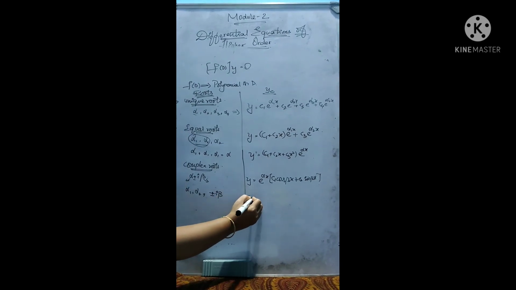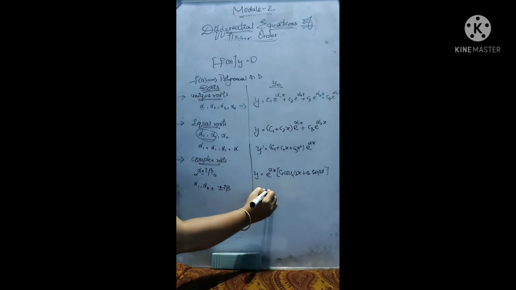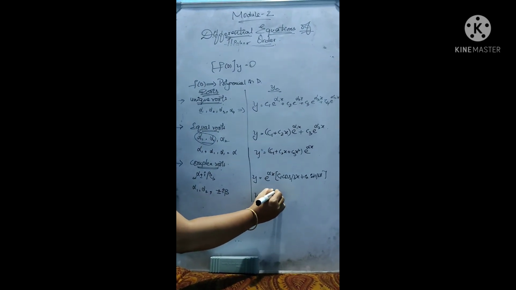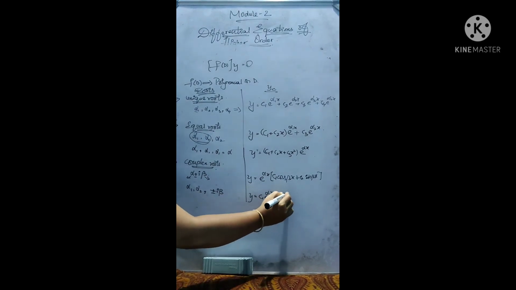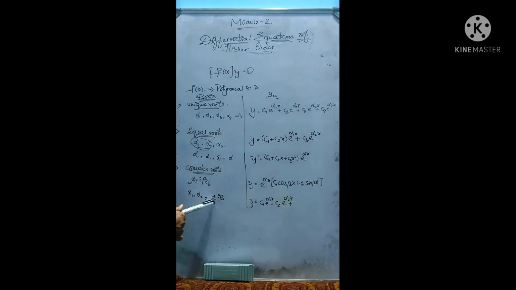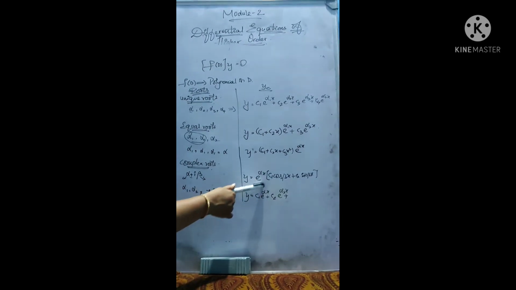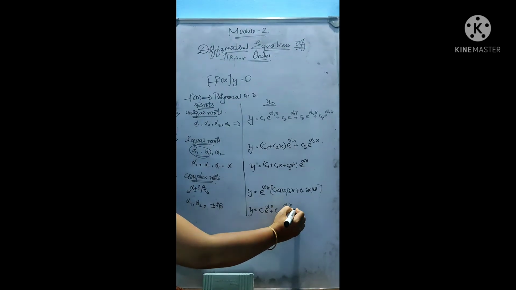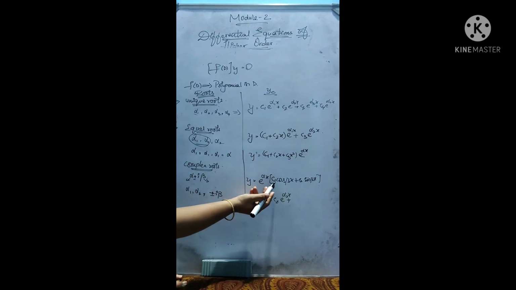So y is equal to, first this one we will apply this method, that is c1 e raised to alpha 1x, plus again we have second one unique, c2 e raised to alpha 2x, plus now coming to this is a complex root, but we don't have the real part, so you can ignore e power 0x. It will be next c1 c2, you should take the next number, you should not every time take c1 c2 only.